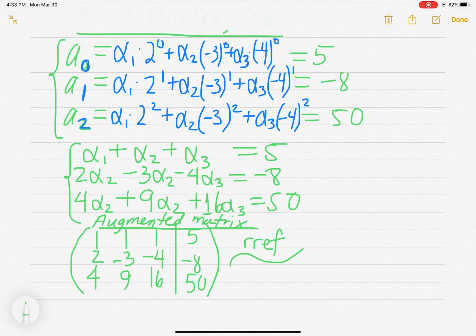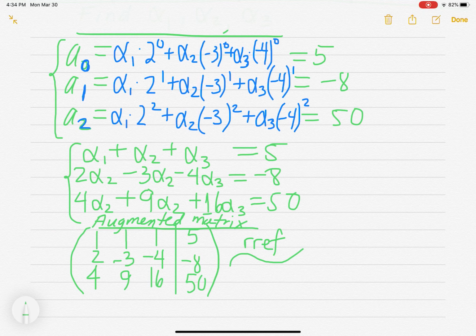I didn't put it in. Okay, I guess it's time to put it in.